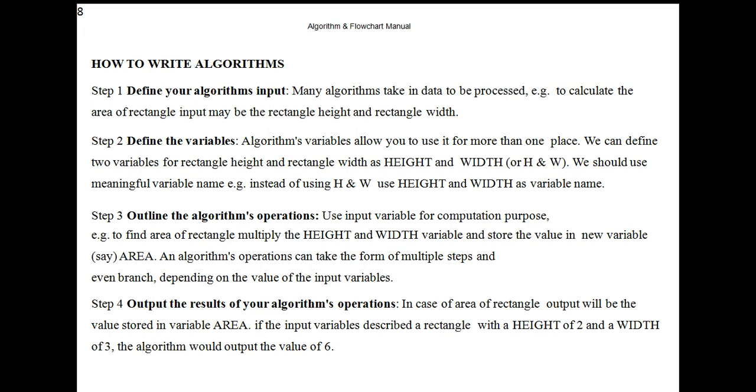Algorithm variables allow you to use them in more than one place. We can define two variables for rectangle height and rectangle width as height and width. We should use meaningful variable names instead of h and w. The algorithm should have clear information about your variables, defined with their clear identity: for height, write HEIGHT, and for width, write WIDTH.